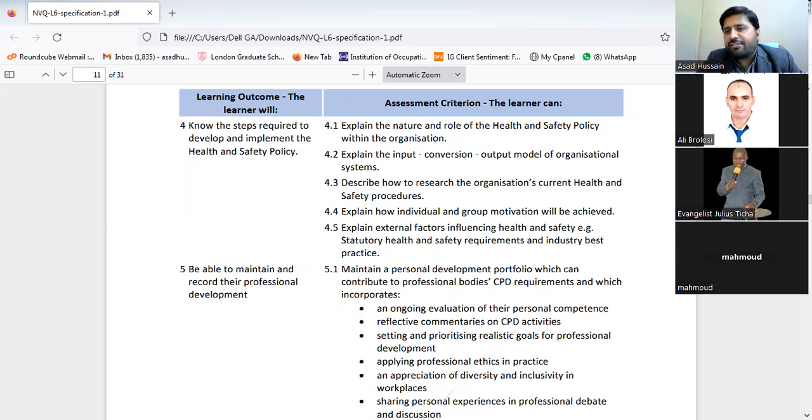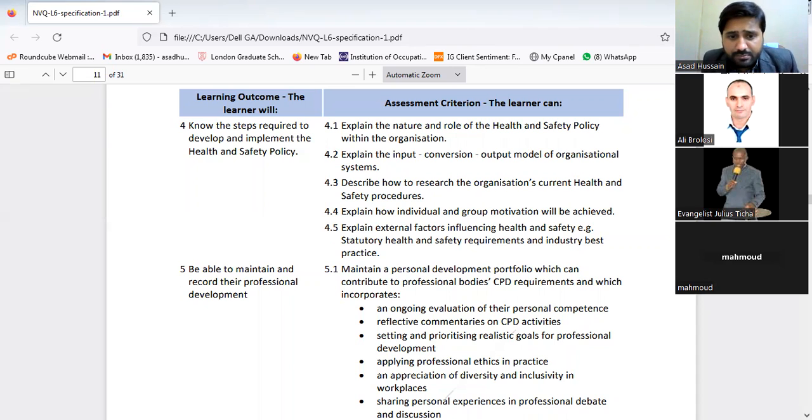You have to explain the factors affecting your health and safety externally. For example, first, by law you can't do anything otherwise, because whatever the circumstances, the minimum requirement is to obey the law. Without obeying the law, you can't even work there.